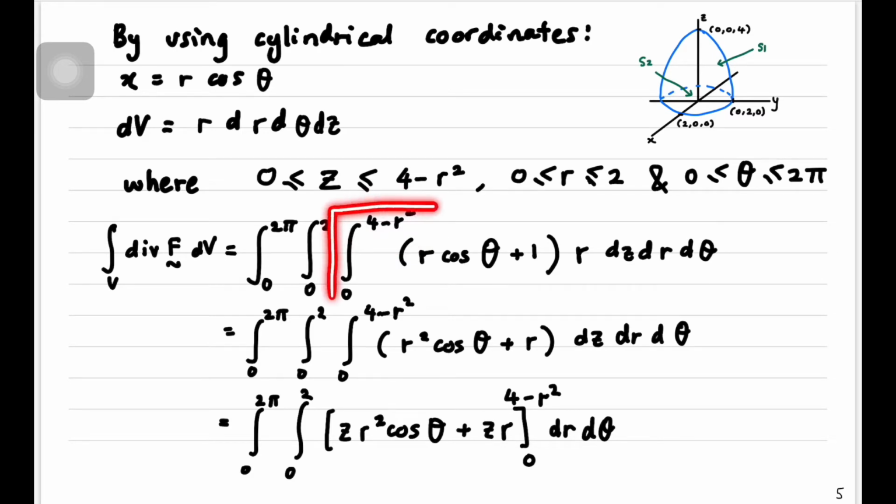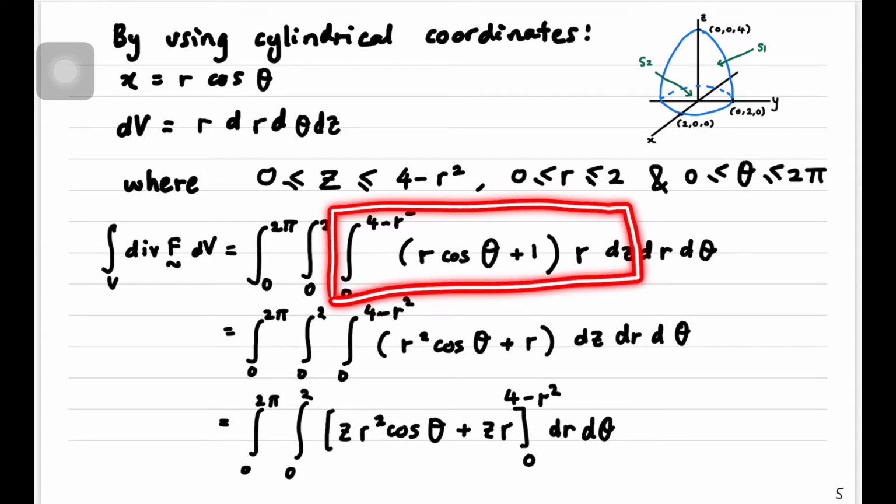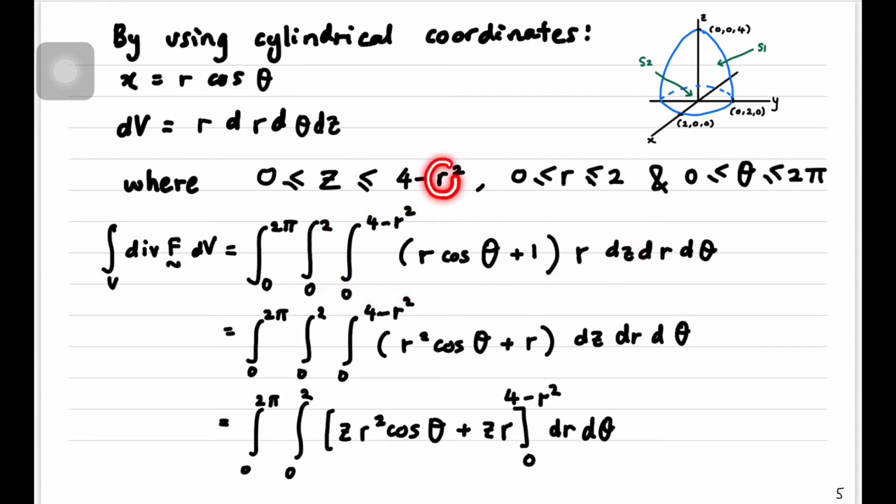I want to integrate with respect to z first, because the limit of z has this variable r. So dz dr d theta, r cos theta + 1, this is equal to x + 1. This is the value of our divergence F, and this is our dV. Multiply by this r, set the bracket, so you get this value.